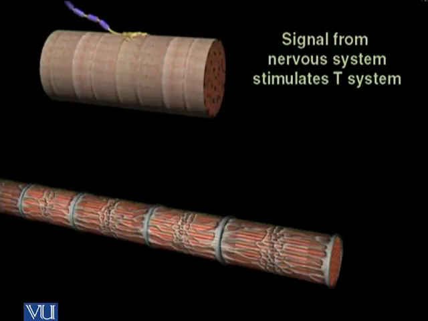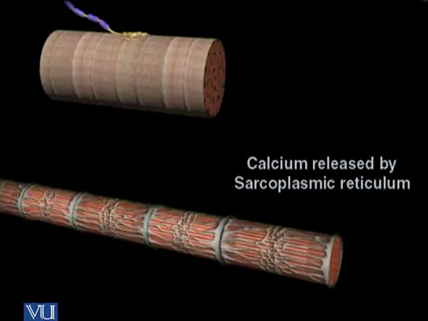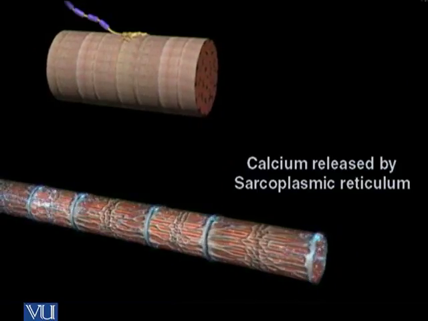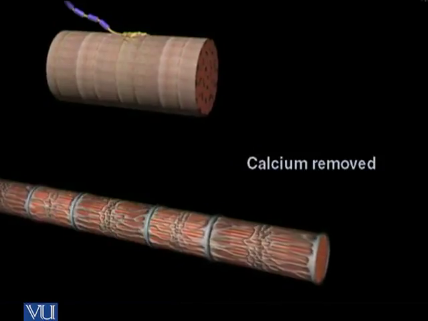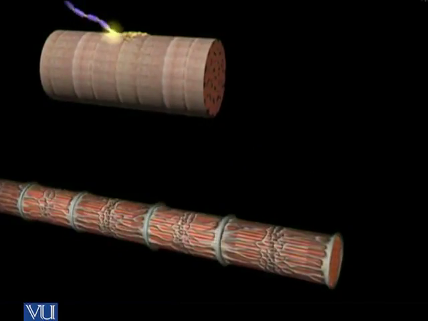Here is the muscle attached to the nerve, and here's the signal coming. Remember, when this nerve signals the muscle cell, it results in release of calcium ions from the sarcoplasmic reticulum. Once the calcium is released, it will interact with these molecules which are coating the actin filaments.